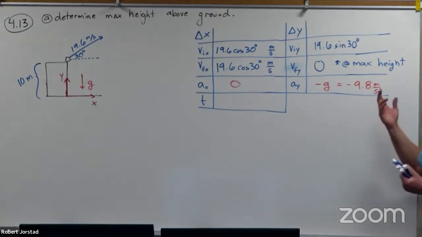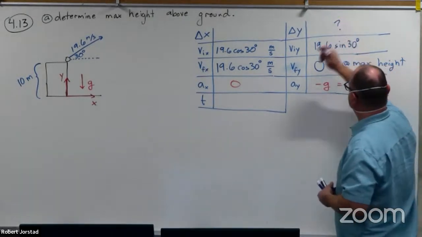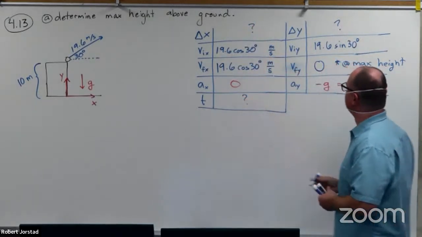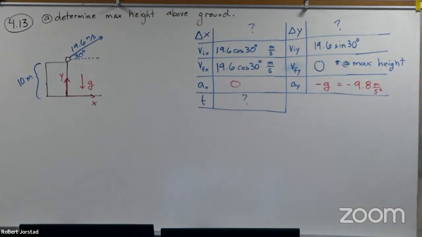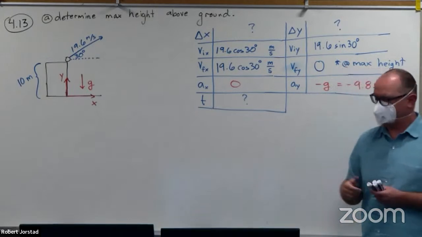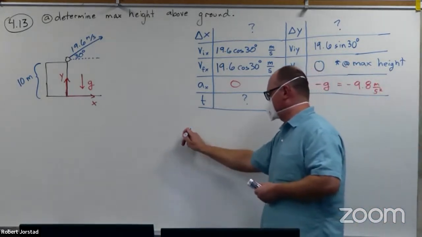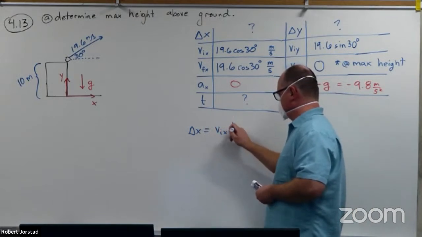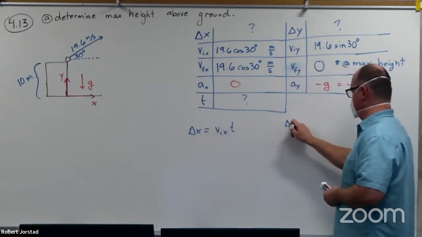Do I know delta Y? No. Do I know delta X? No. Do I know T? No. So we see there's three things we don't know here. Which equation might be the most useful? Well, I'm going to write down, we've got our delta X equation, and then we've got delta Y equation.